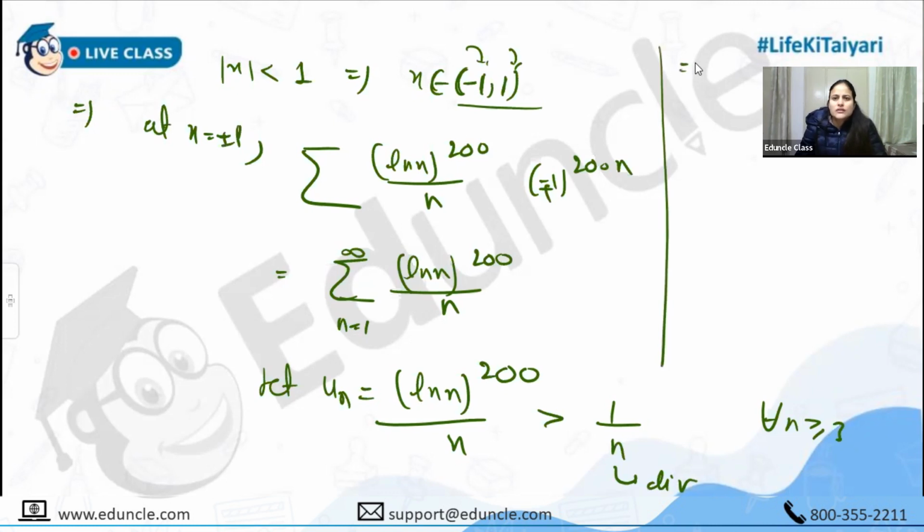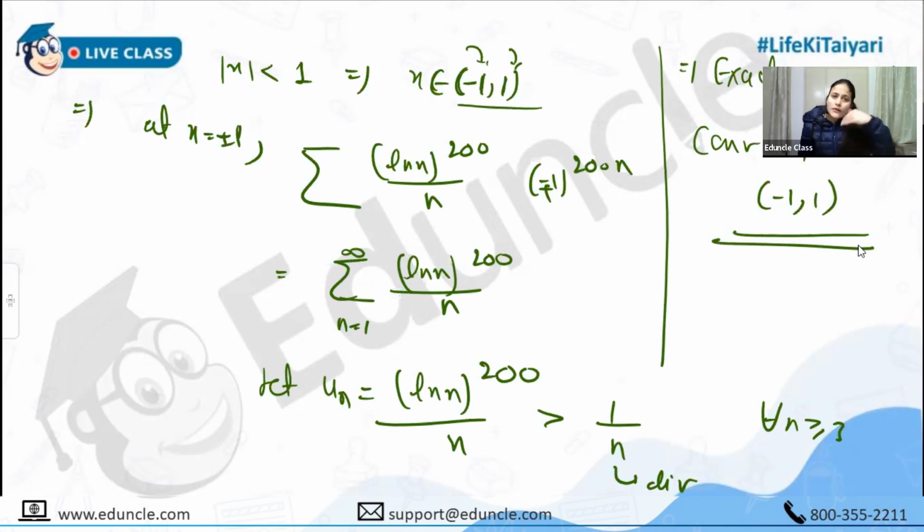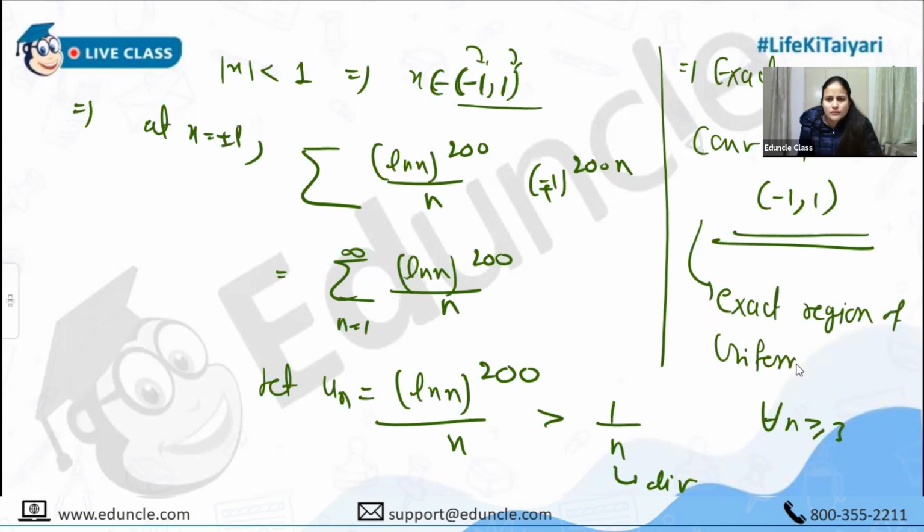ठीक है. So this implies exact region of convergence is -1 to +1. Okay. If I am asking what is the exact region of convergence, it is same as exact region of uniform convergence.